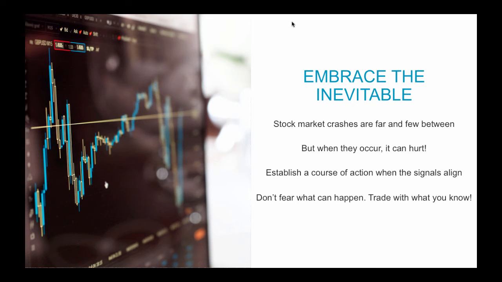Embrace the inevitable. As I said at the very beginning, crashes have occurred in the past and they will occur again in the future. By identifying the difference between whether it's a correction or a crash, you will have a better opportunity of saving your money that's in the markets and aligning yourself for new opportunities. But remember, stock market crashes are few and far between.